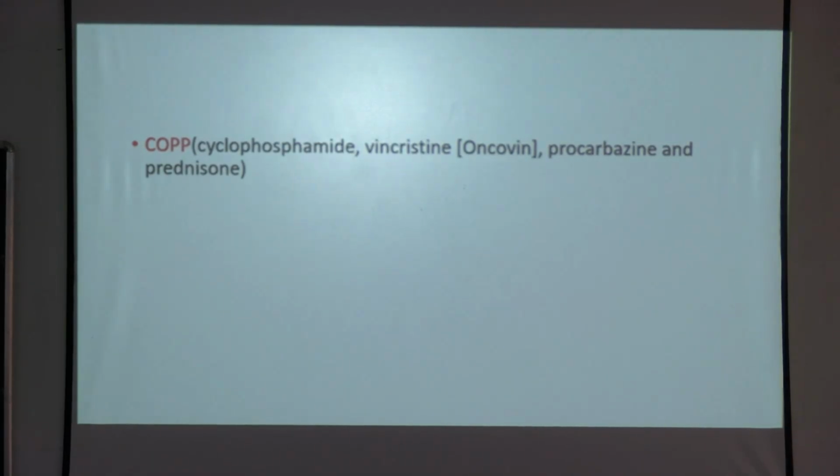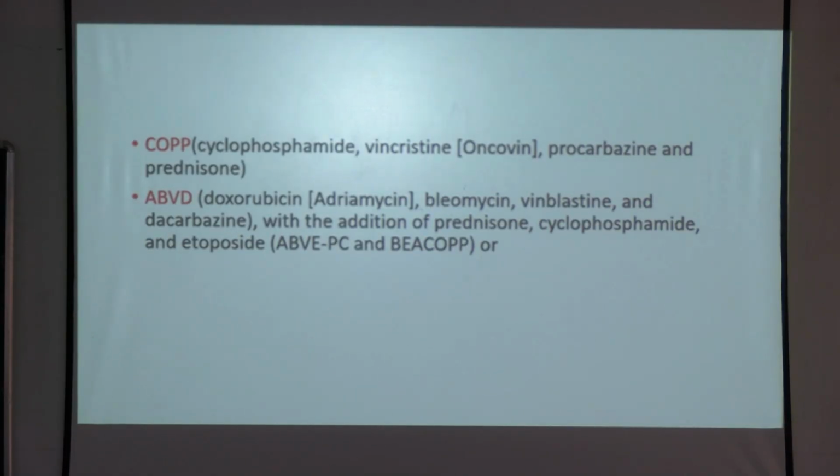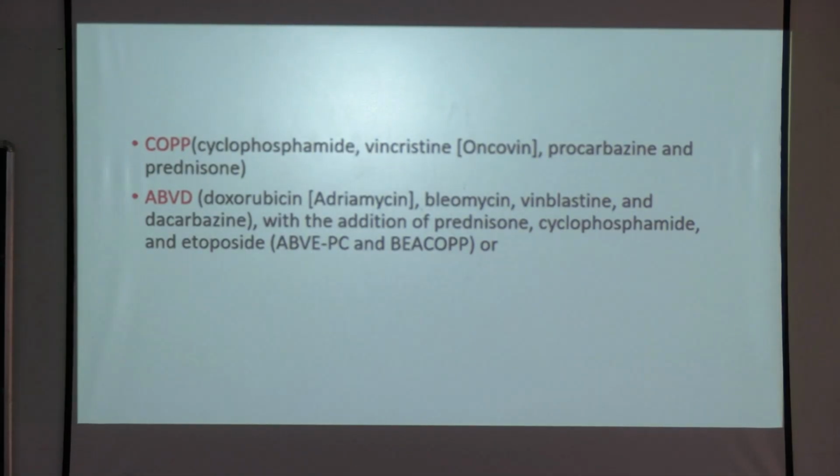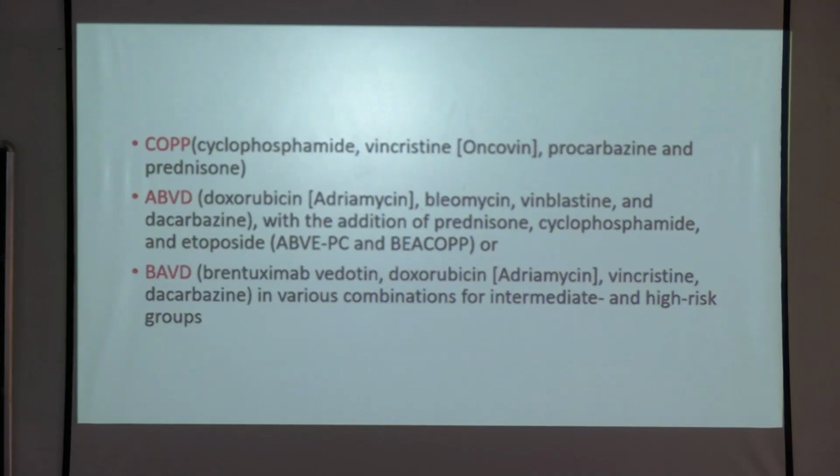Again, most important is the ABVD therapy: adriamycin, bleomycin, vinblastine or vincristine associated with dacarbazine. ABVD therapy is the most commonly used nowadays. If you add prednisolone or cyclophosphamide or etoposide, then it changes to BEACOPP. So remember COPP and ABVD.